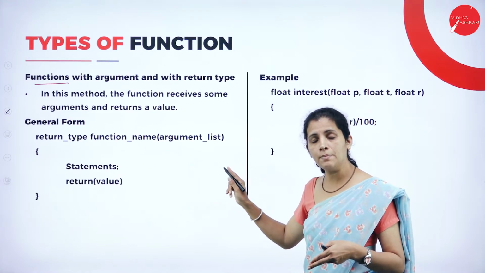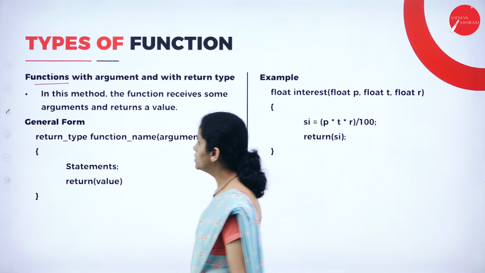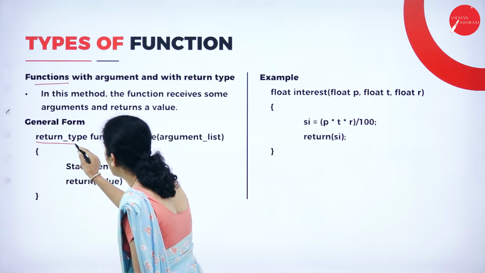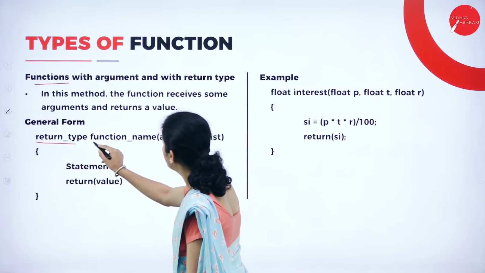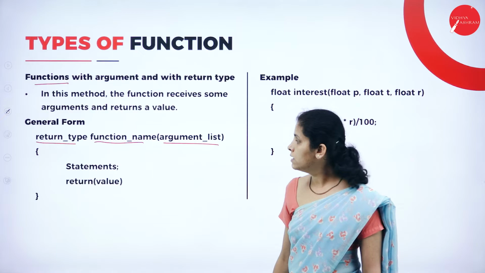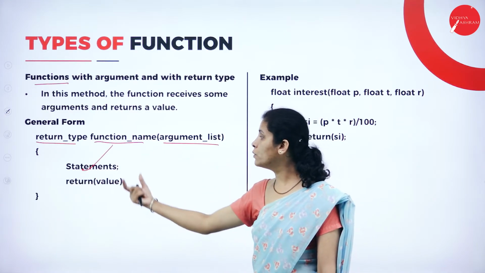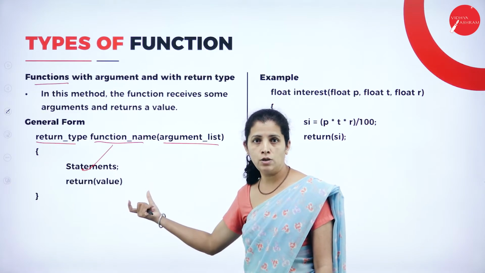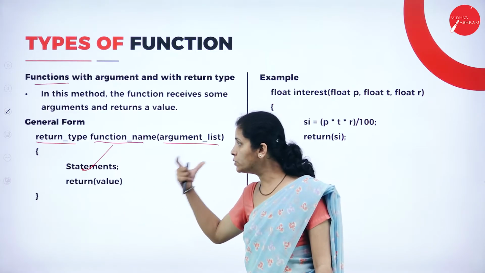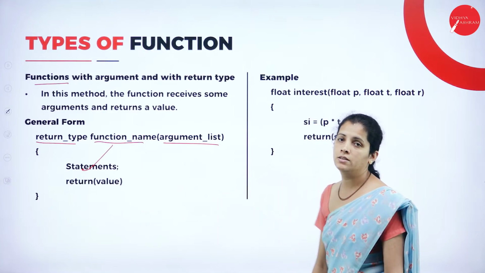At the same time, it is responsible for returning the value. So, dear student, I have the return type along with my function name and along with the arguments. And I'm going to have a set of statements. Along with that, I'm going to have a return value. That means I'm going to return some value to the calling function.